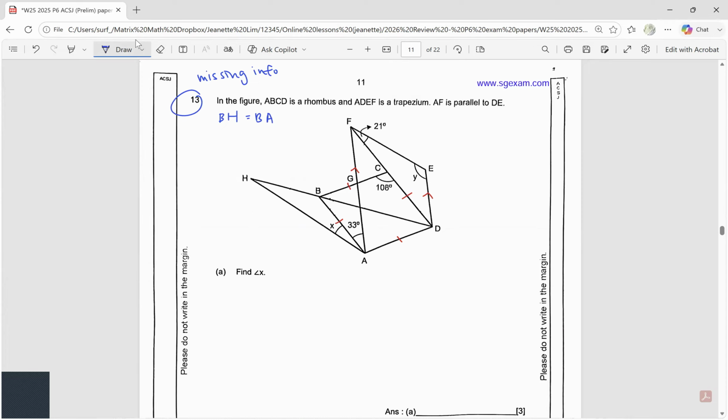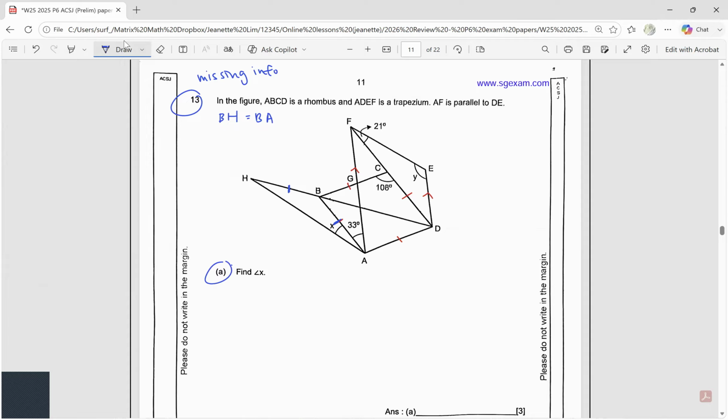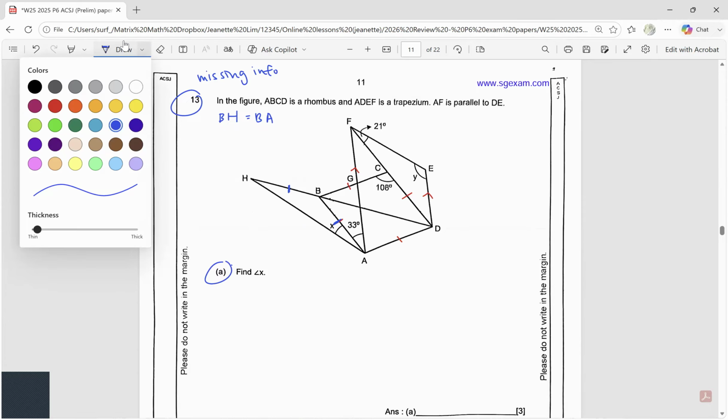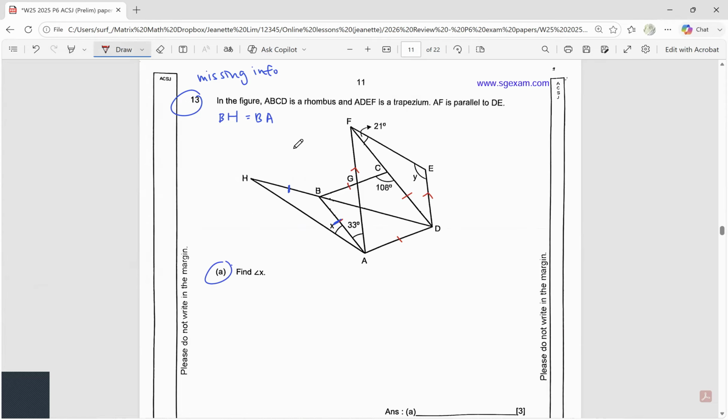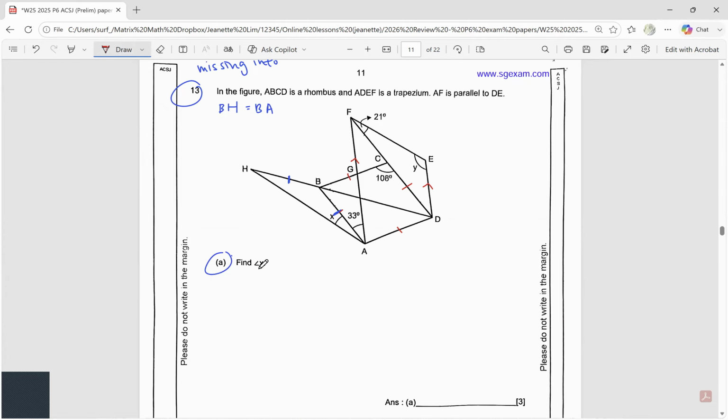Okay, so I think there are markings probably missing on the diagram. These two should have been equal. So this one can't be solved if you don't have that information. Okay, so assuming the markings are being made, let's see how we can solve this question to find x, angle x.